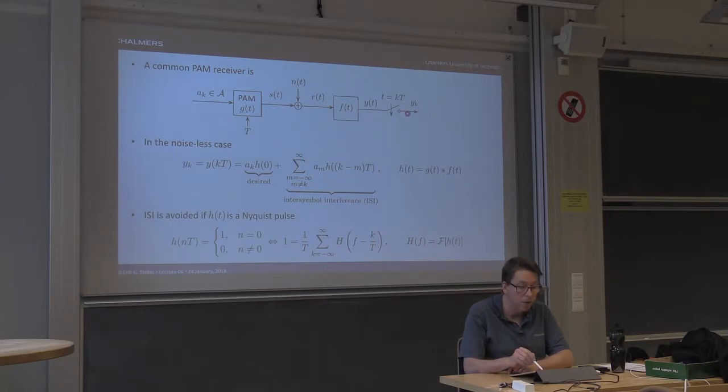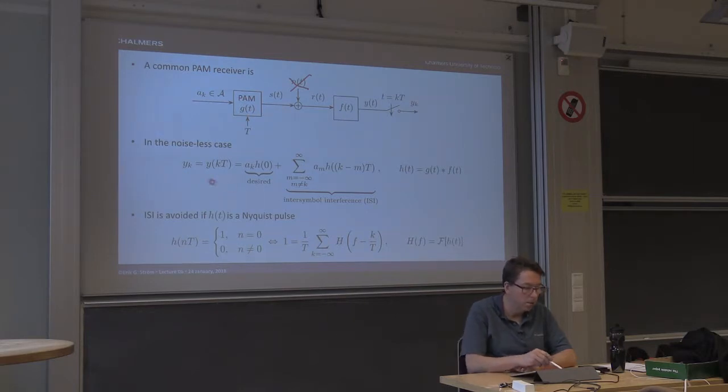The first thing we would like to do, however, is to make sure that if we forget about the noise, then clearly we would like y_k to be equal to a_k. Okay, that seems to be a reasonable design criterion. And if one simply looks at what the output from a generic filter with impulse response f is, when the transmit pulse is g, then one can simply compute it like this.